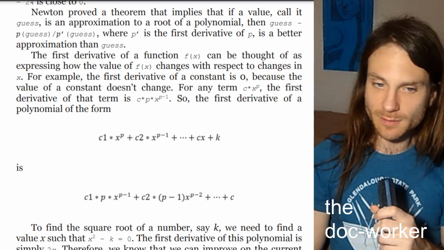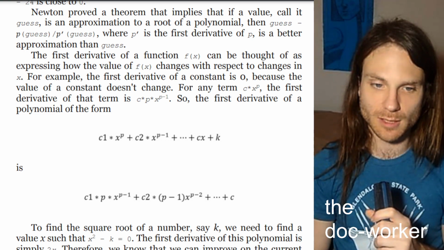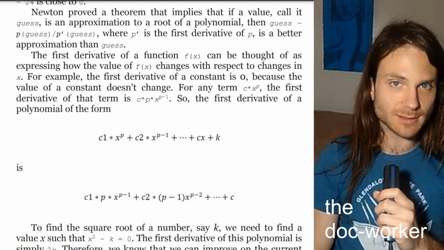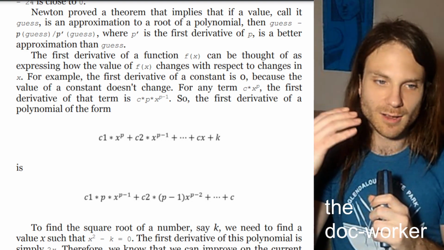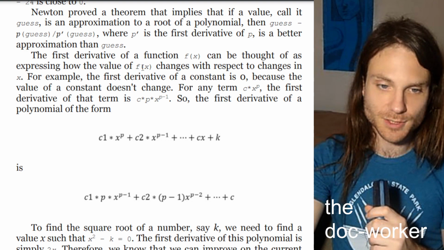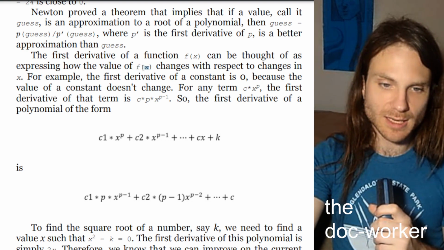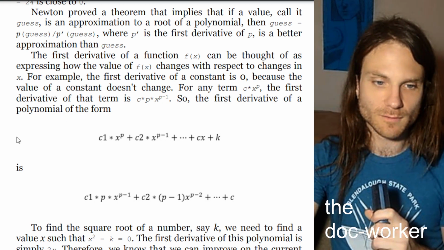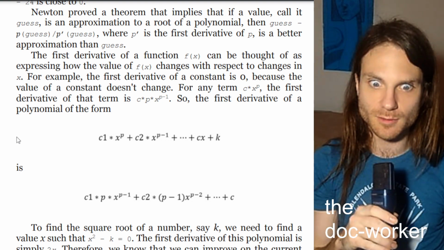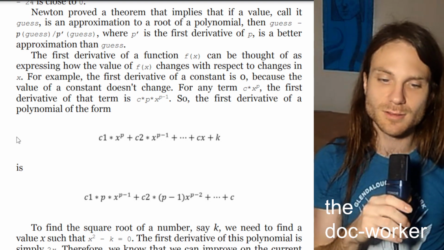The first derivative of a function, f(x), can be thought of as expressing how the value of the function changes with respect to changes in x. That is, how does the output of this function change with respect to the input, x itself, changing. For example, the first derivative of a constant is 0, because the value of a constant doesn't change.